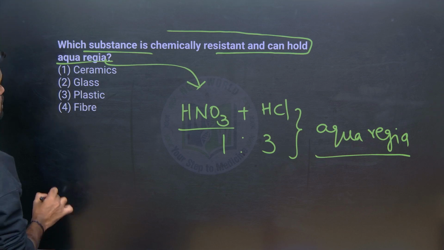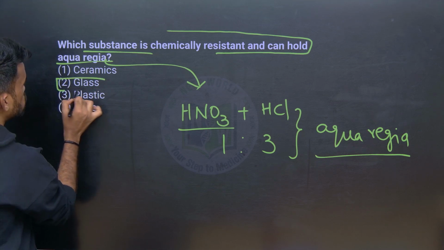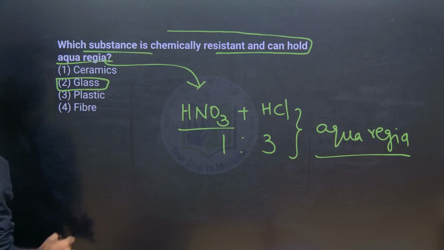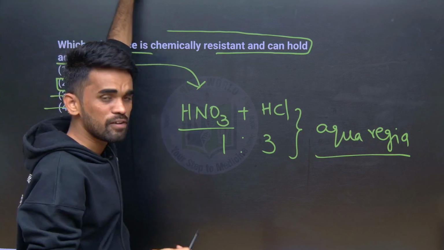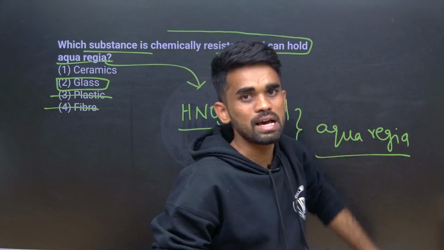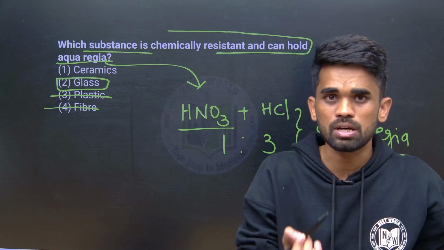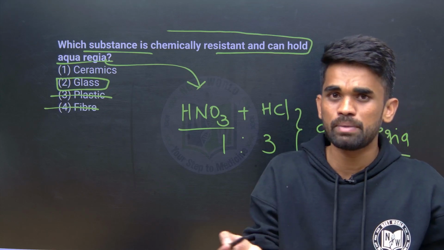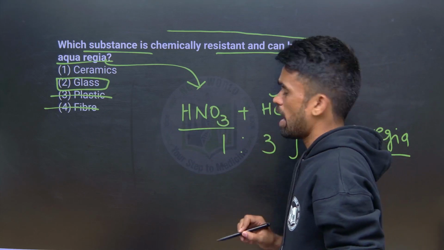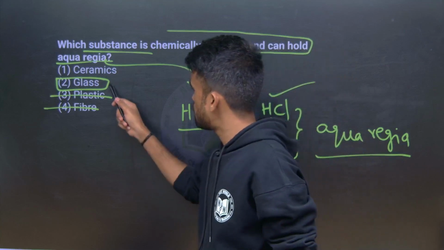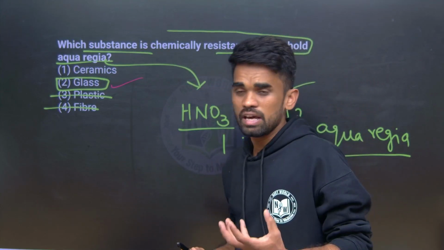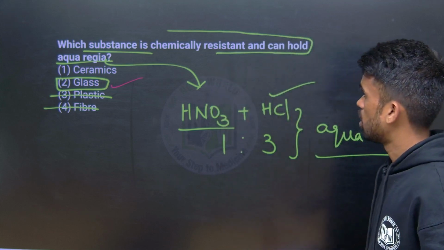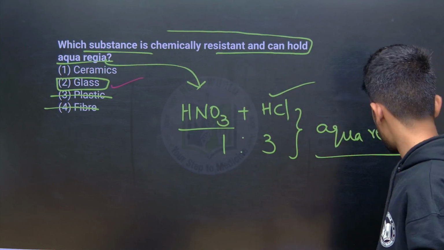Glass is the suitable substance, whereas plastic, fiber and ceramics might get affected. Not all plastic may be inert; sometimes some plastic will be affected by this highly reactive aqua regia. So which is the best one here? Glass is very effective for storing aqua regia.